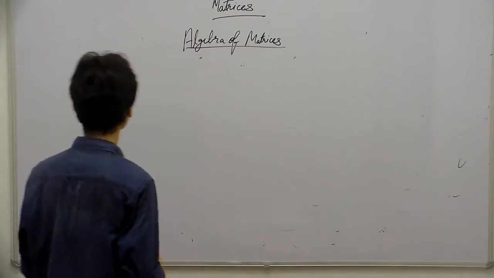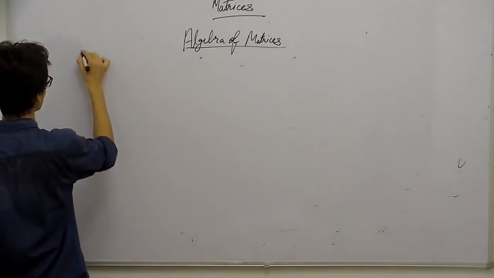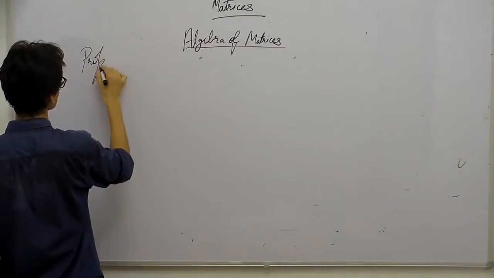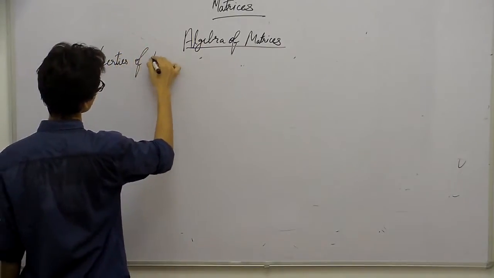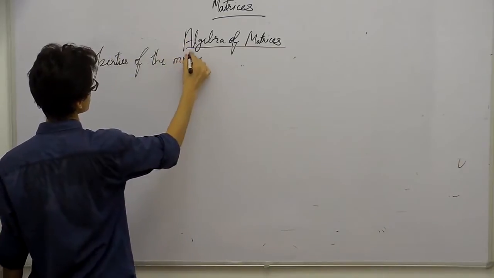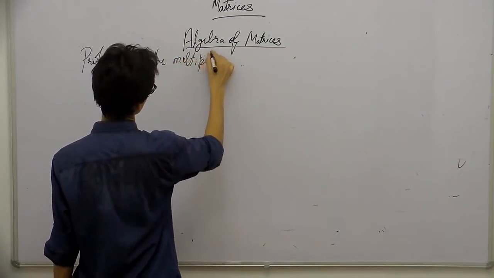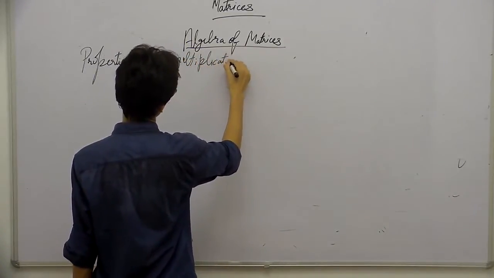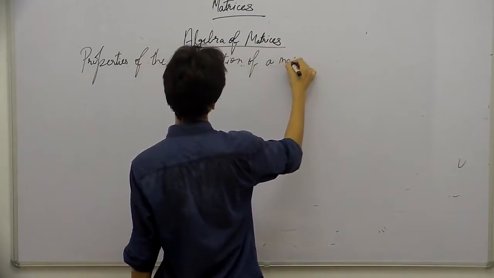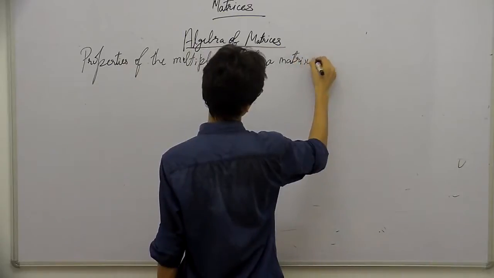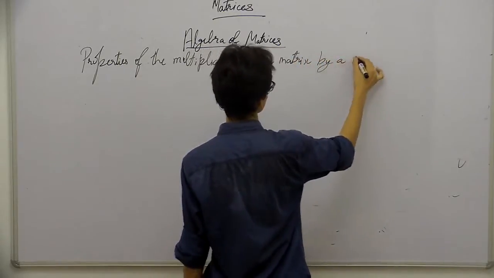So we are talking about the properties of the multiplication of a matrix by a matrix.